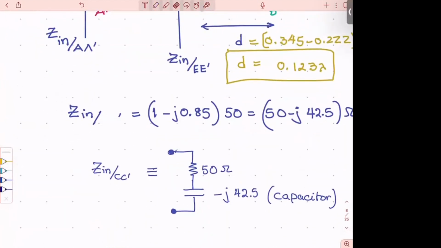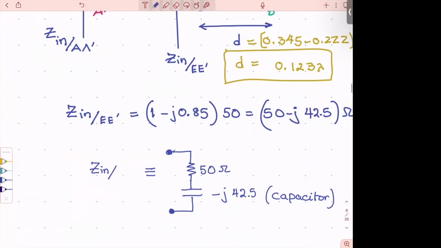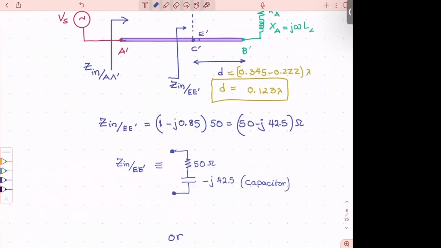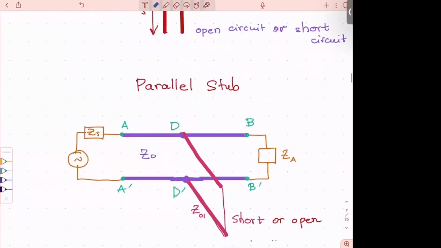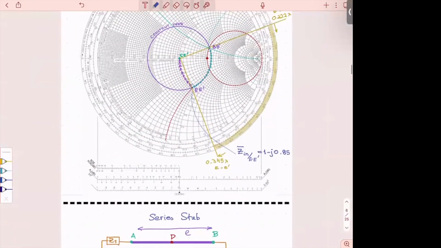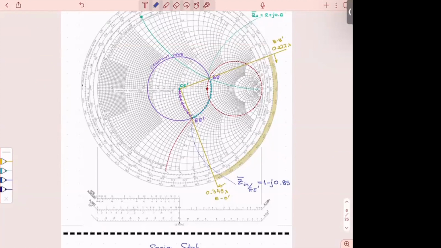I see how much it is from the Smith chart. How am I reading it? Let me also correct this one for a moment. E prime. So the impedance here that I see on the Smith chart, which is here at Z E prime, that impedance I can read how much it is.